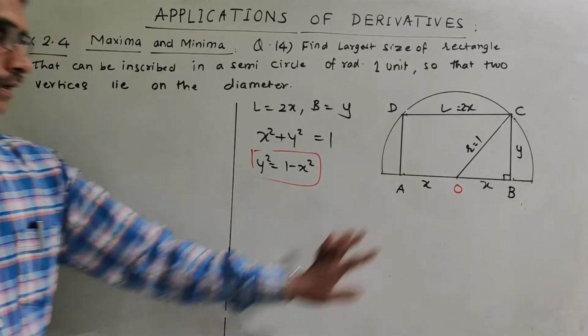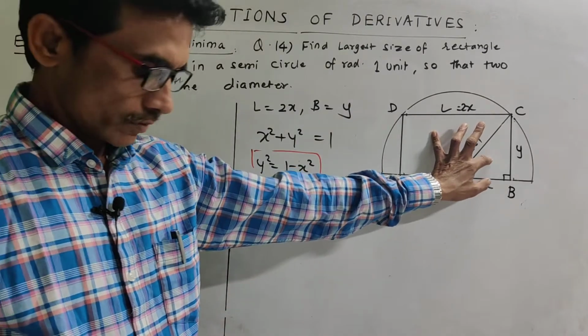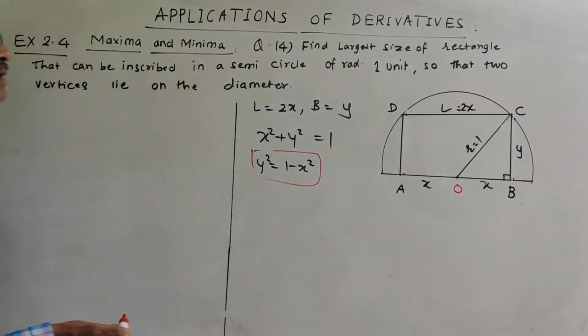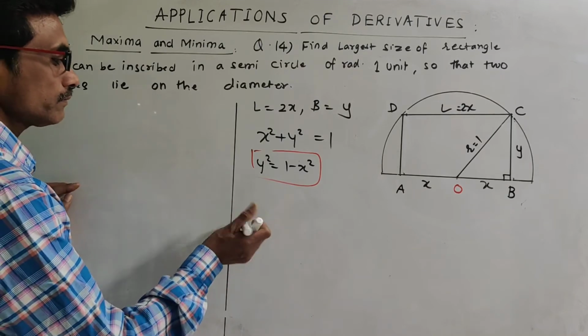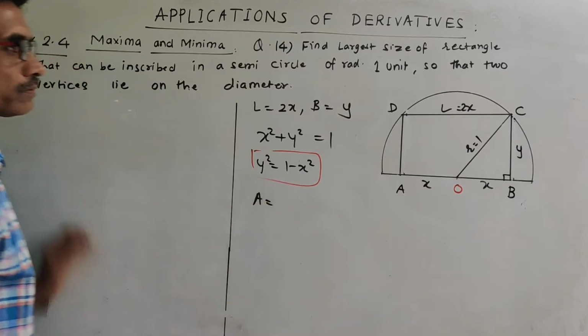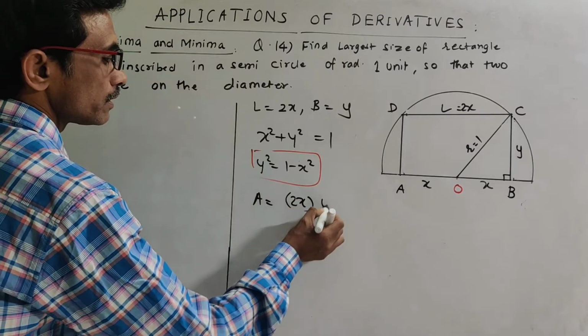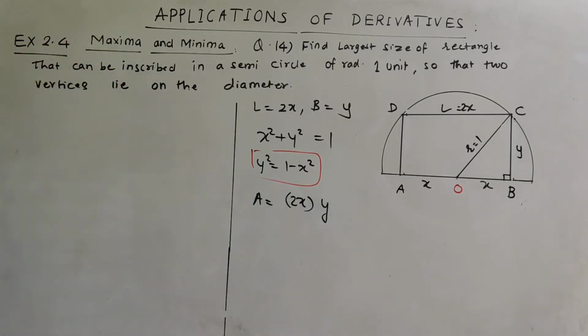This relation we are getting. अभी area of the rectangle. So what will be the area of this rectangle? Length into breadth. So area A is equal to length into breadth, that is 2x into y. That is the area of rectangle.